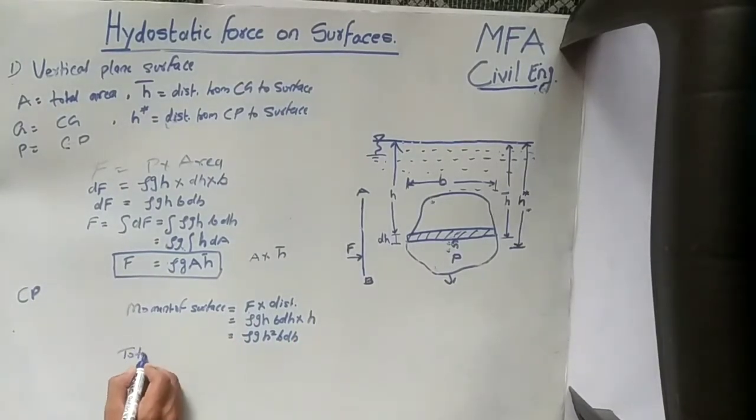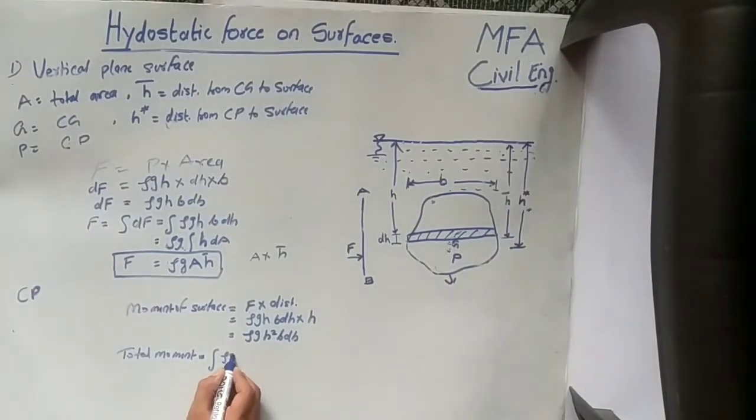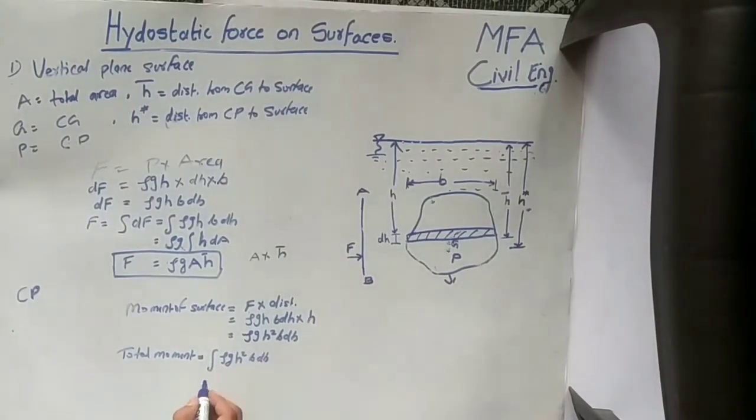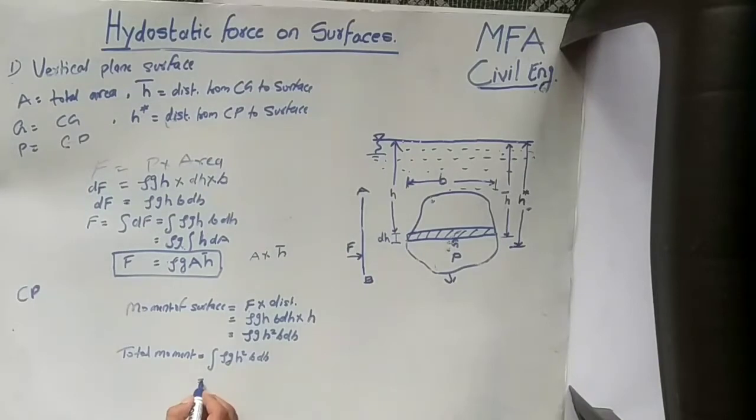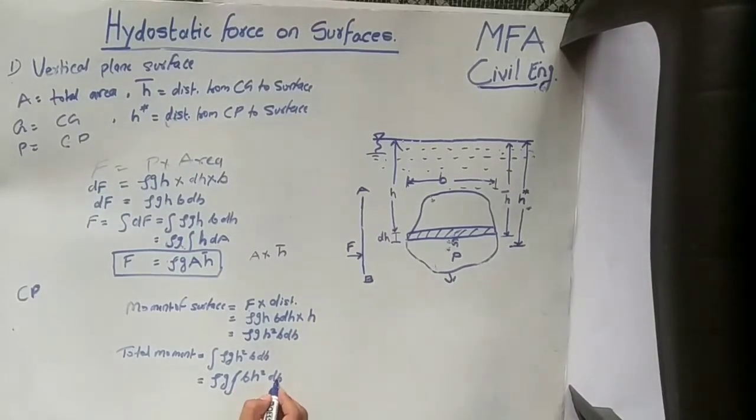Then the total moment is equal to the integration of rho g h square b into dh, which is equal to rho g, which is a constant, times the integration of b into h square dh.